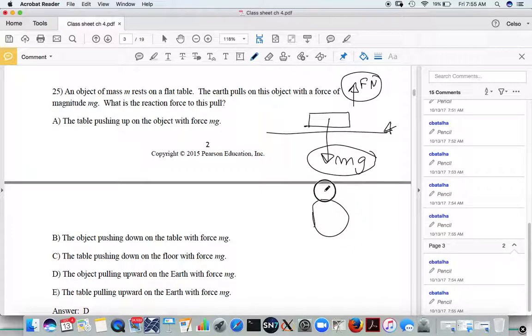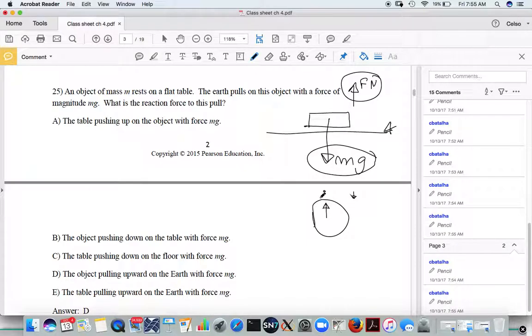Here's the planet Earth, this is the object over there. So as the Earth pulls this object down with the force mg, this object, believe it or not, exerts a pull on Earth that has the same magnitude but opposite direction. So you sitting on the desk or the table watching this video are in fact pulling Earth upward towards your butt as you sit on the chair.